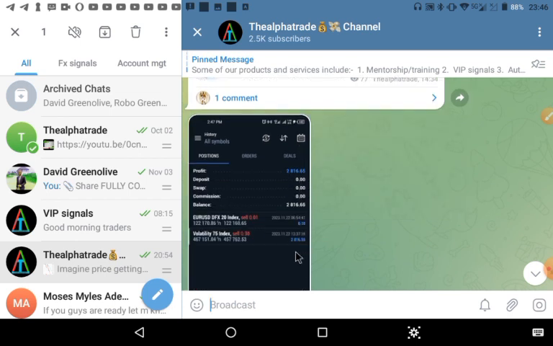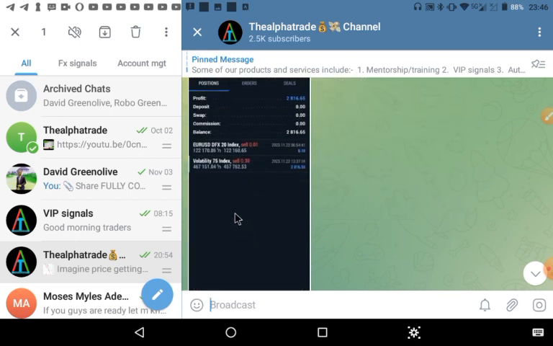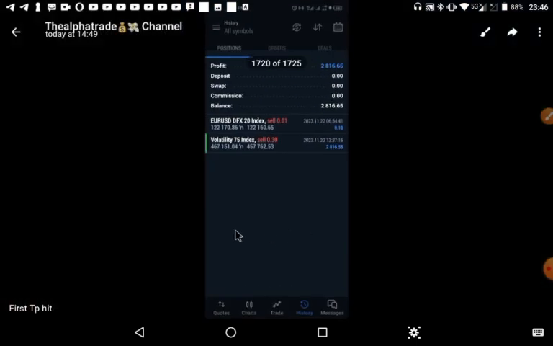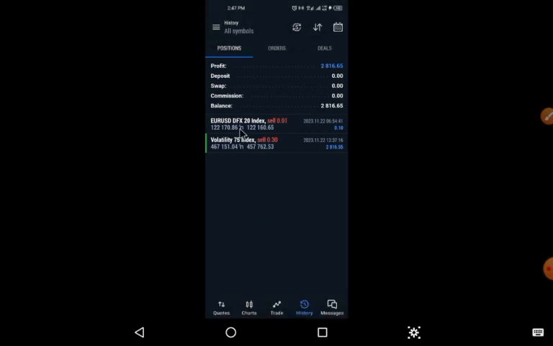Okay, so here I was giving a follow-up update on the trades that I called. Here you can see, this first one actually wasn't a real trade. This is the Euro USD DFX 20 index. I have never traded this, but when I looked at the chart it looked so nice that I felt it would obey my strategy.